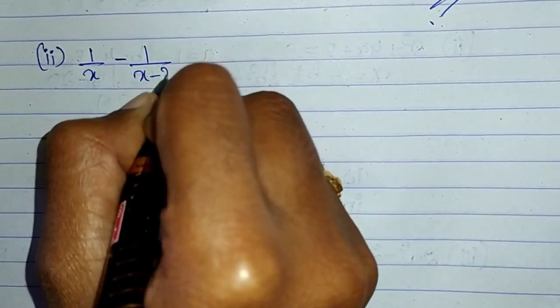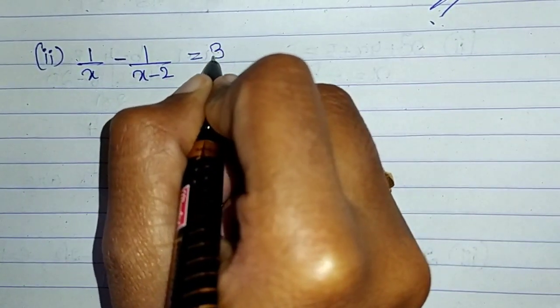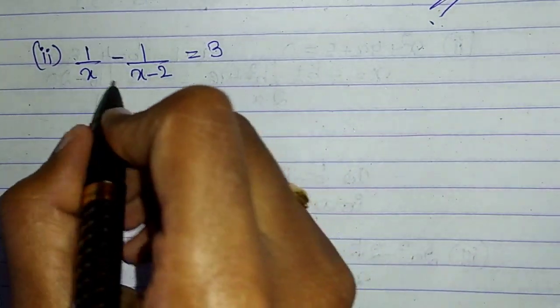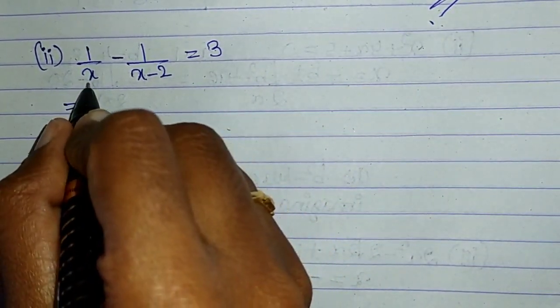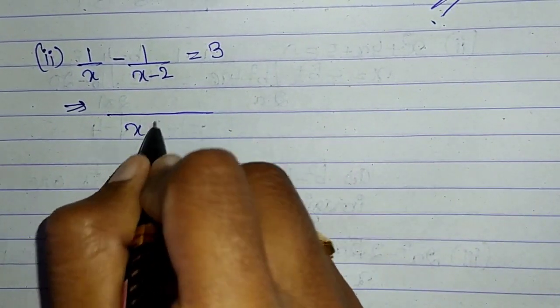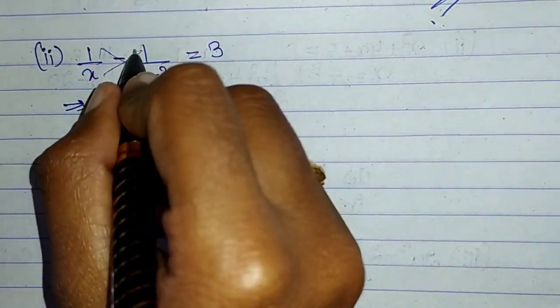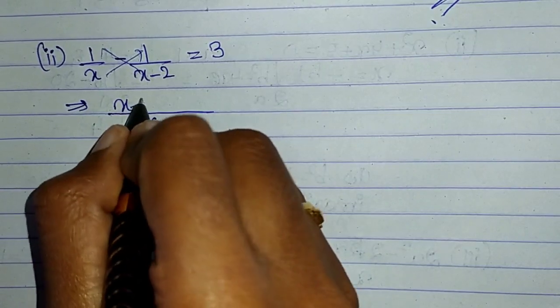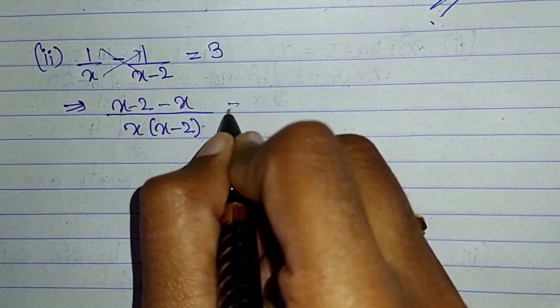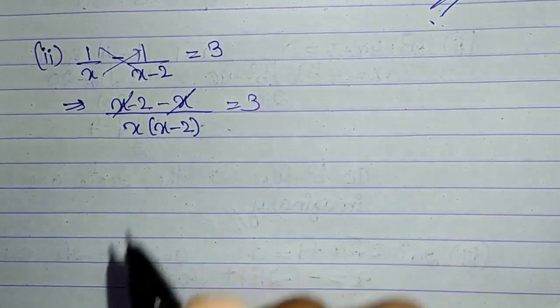by x minus 2 is equal to 3. So now, taking the LCM once again, the LCM is x into x minus 2. So cross multiplying, we get x minus 2 minus x is equal to 3. x minus x cancels each other.